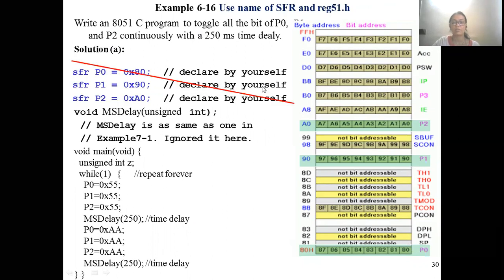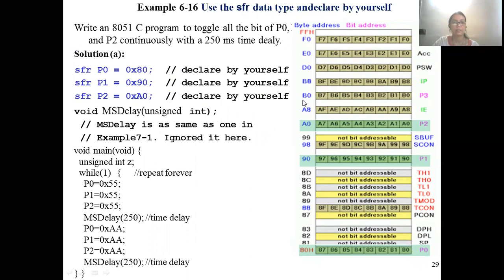Now this is an example of how to write a C program to toggle all bits of port 0 and port 2 continuously with the 8051 microcontroller, with a 250 millisecond time delay.